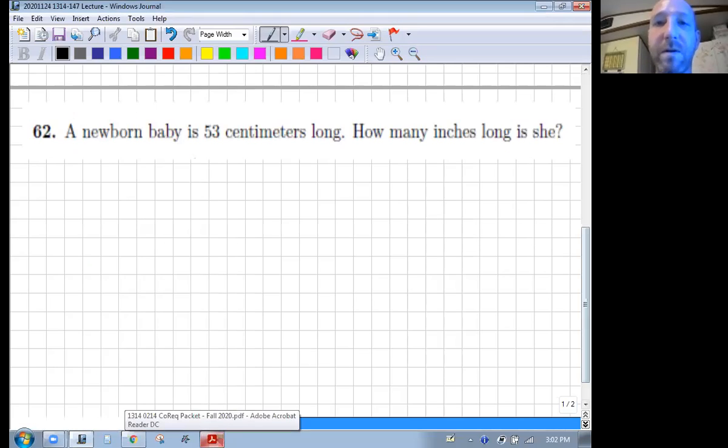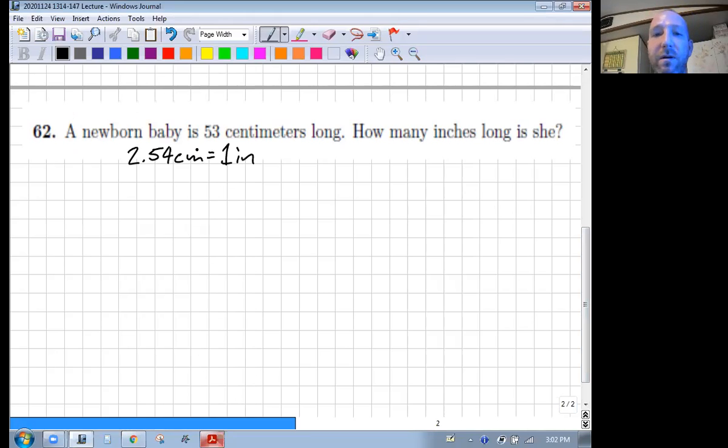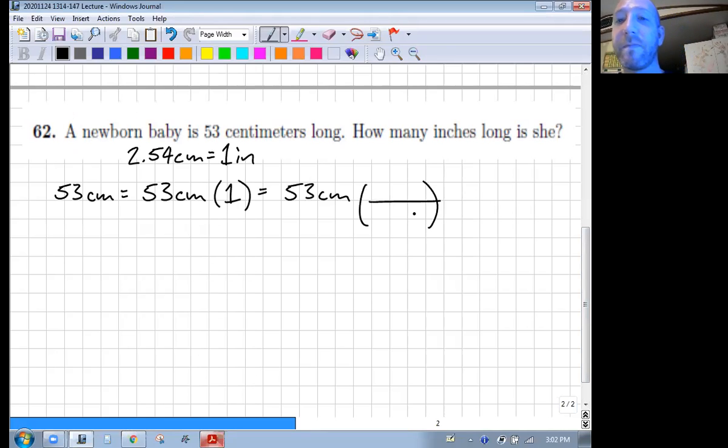So 2.54 centimeters is 1 inch. And we want to convert 53 centimeters and multiply it by the number 1. We'll do a smart 1. We've got to get rid of centimeters. We want inches. 2.54 centimeters is the same as 1 inch.